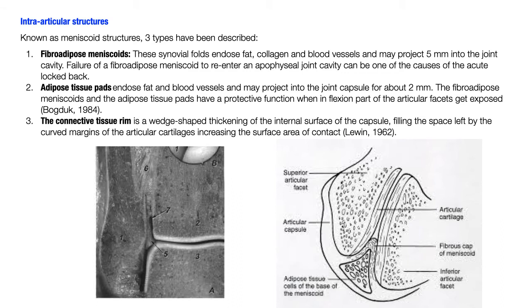They are believed to be responsible for the acute locked back, which is a very painful experience. Then we have adipose tissue pads that can penetrate the joint about 2 millimeters. And finally, the articular facets have a connective tissue rim to increase the surface area of contact.